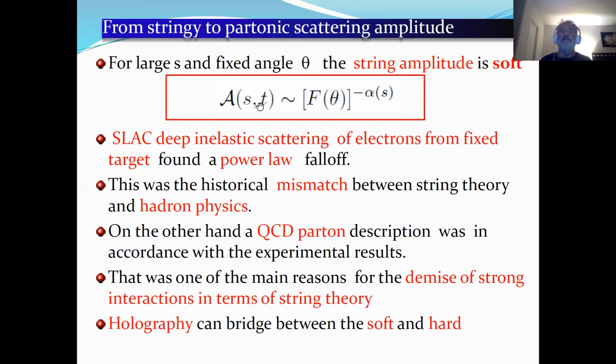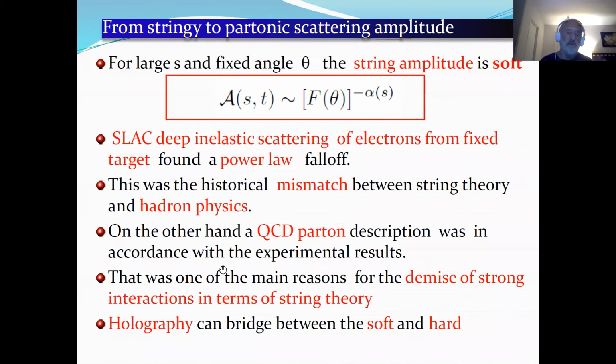It was found that the amplitude falls as a power law, hard and not soft. If you expand the Veneziano or Virasoro amplitude, you find an exponential soft behavior. Since it didn't fit the experiment, people set string theory aside.